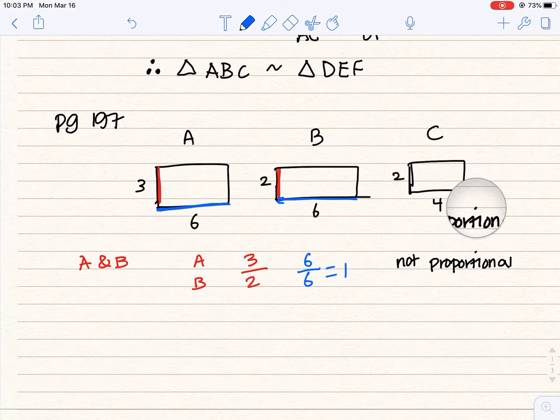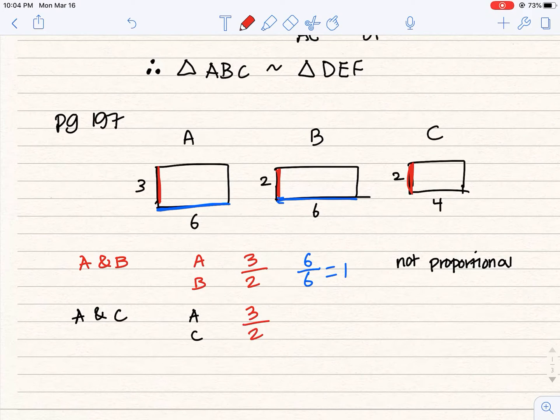So I'm going to look into A and C. Okay, so same thing. A is going to be on the top, C is going to be on the bottom. Okay, so A in this case is going to still be 3 on the top.